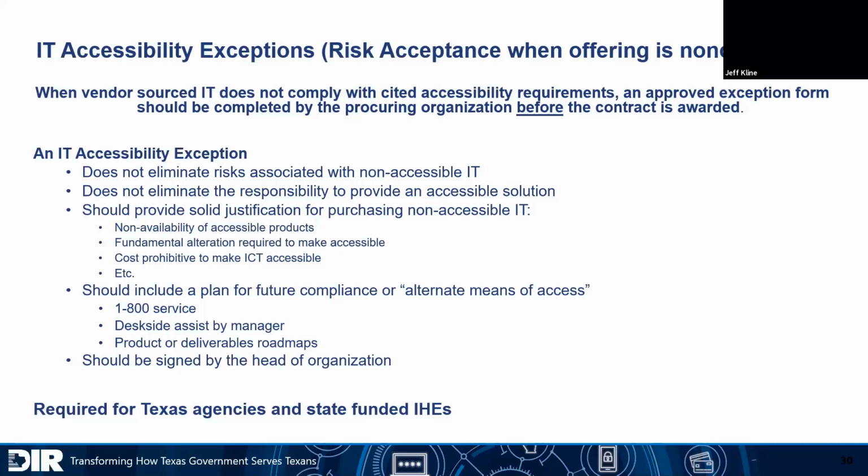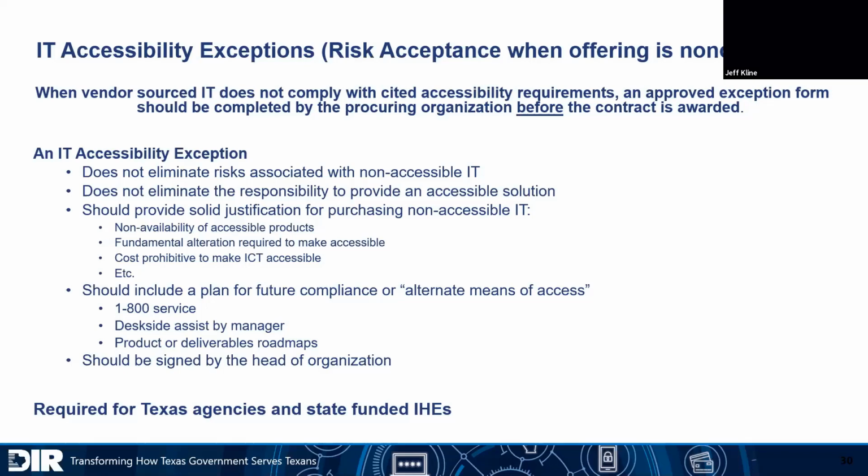And this should really be made before the contract award is done, because if you award the contract and then you stick it in front of the nose of your ED or the president or chancellor, you can't put the genie back in the bottle. It's already done. So it becomes a rubber stamp. And guess what? Your senior manager has accepted the risk, whether he meant to or wanted to or not.